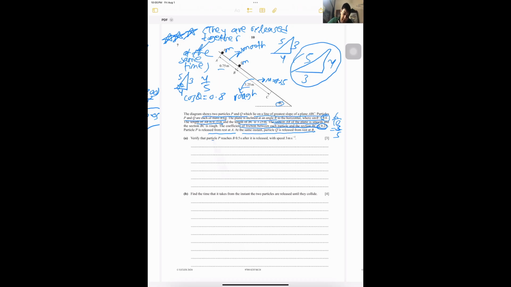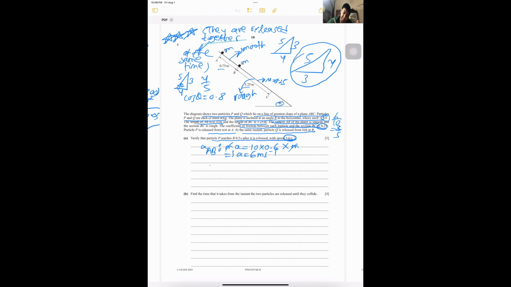Okay, so verify that particle P reaches B 0.5 seconds after it is released with speed 3 meters per second. So let's find the acceleration on the plane AB, which is ma equal to, since it is smooth, there is no friction, it's just the downward component, 0.6 mg, using the sine theta value directly. Cancel the m, and the acceleration is 6.